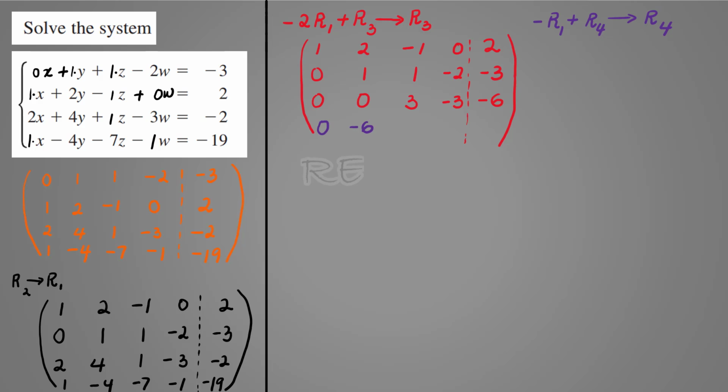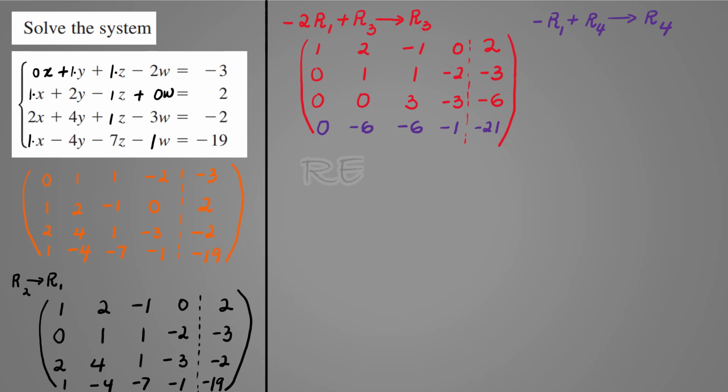Minus negative 1 will be positive 1. Plus negative 7 will be negative 6. Minus 0 is 0. Plus negative 1 will be negative 1. And minus 2 plus negative 19 will be negative 21.